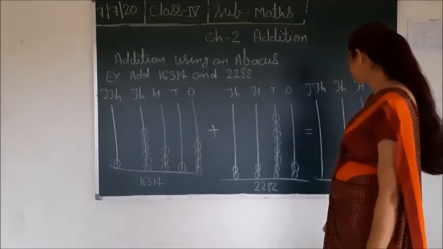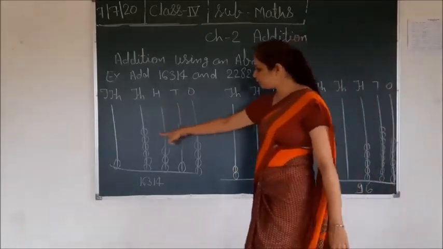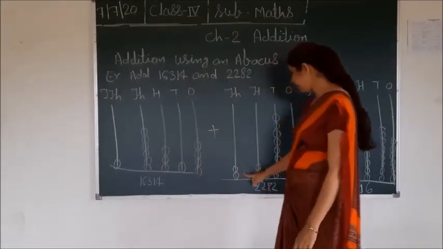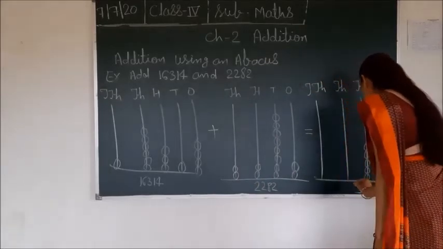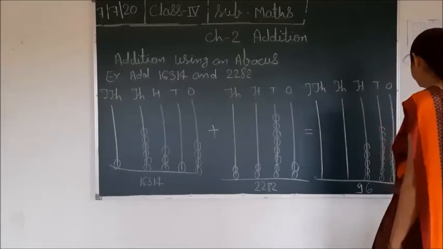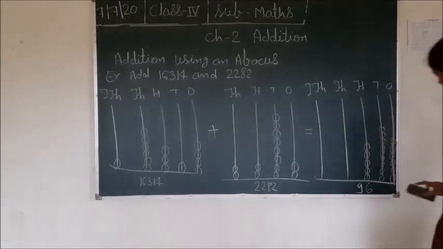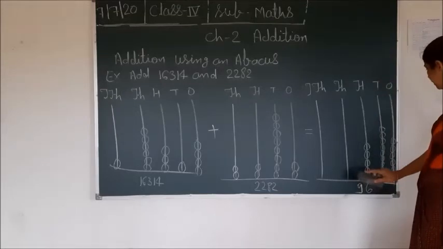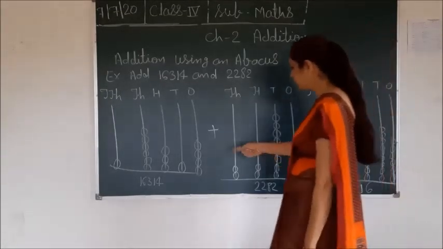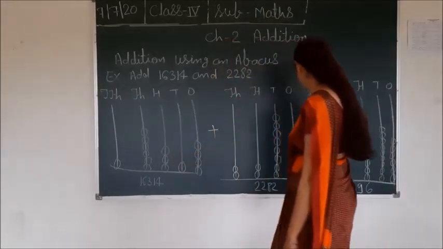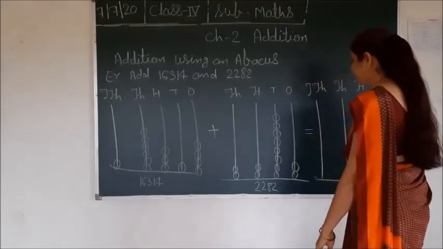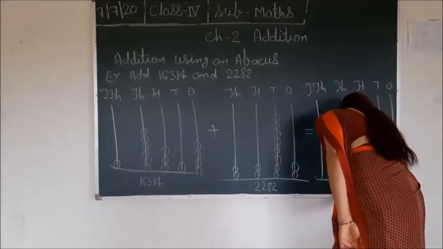Sorry, place of 100 is 1 2 3 4 and 5. Place of 100 is 5. Right here 5.